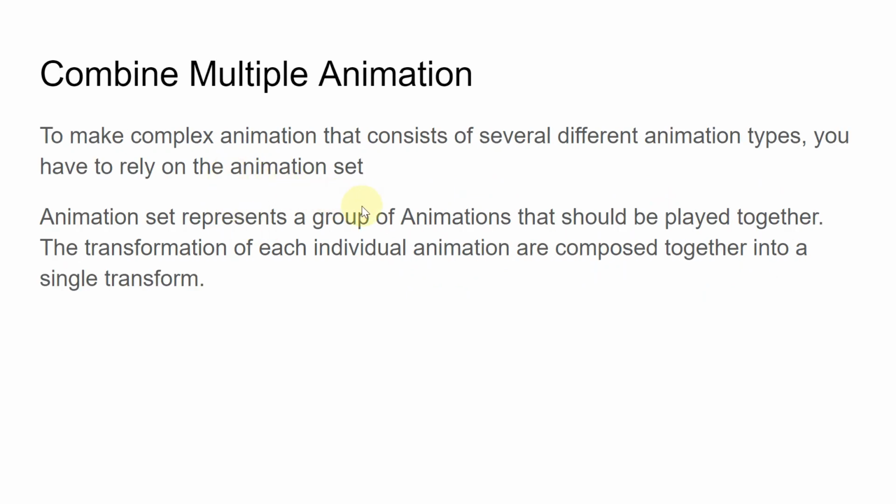Of course you can combine multiple animations to make a single animation transformation that looks complex, and for that you use the animation set. It's like an animation group that collects each animation, and they can be played together at the same time, composed into a single transformation animation.